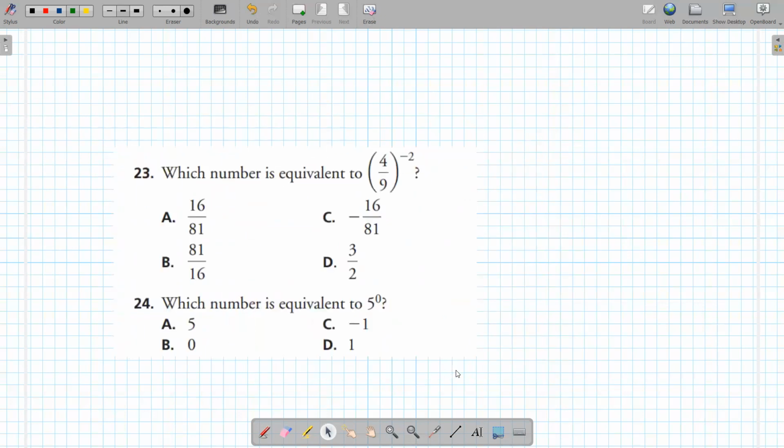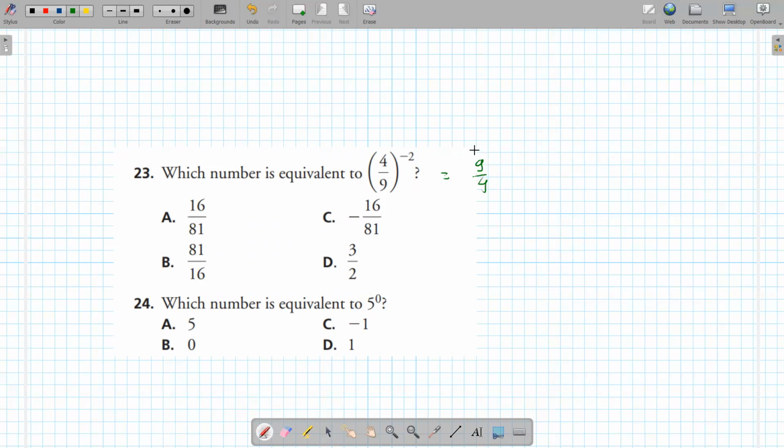Question 23: you have a fraction with a negative exponent. What do we do with negative exponents? If you have a negative exponent in a fraction, you flip it, okay?